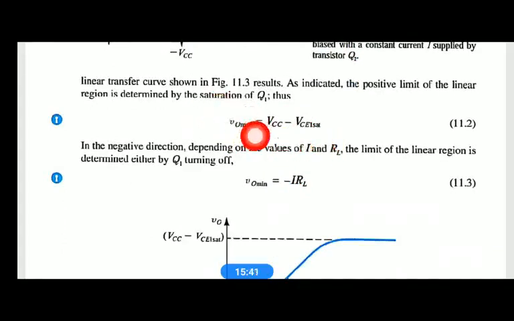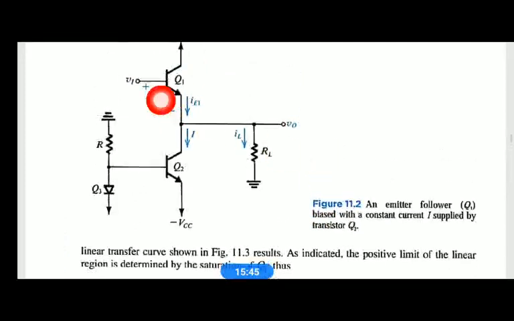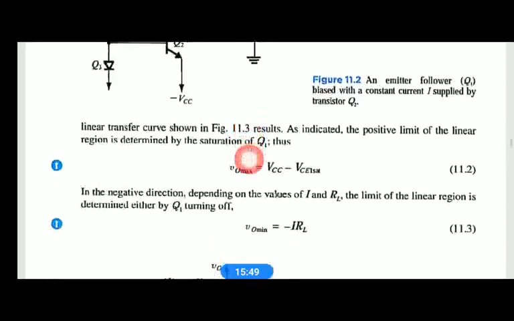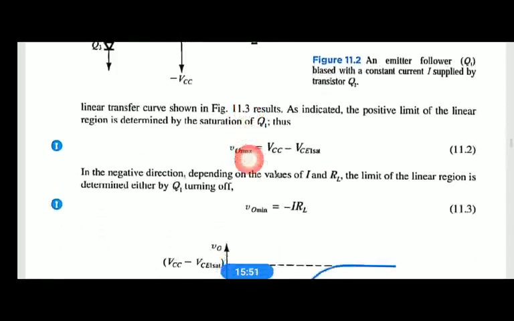This is the maximum voltage you can get when VCE is saturated, the maximum voltage between collector and emitter. The minimum output voltage you can get is minus I into RL.